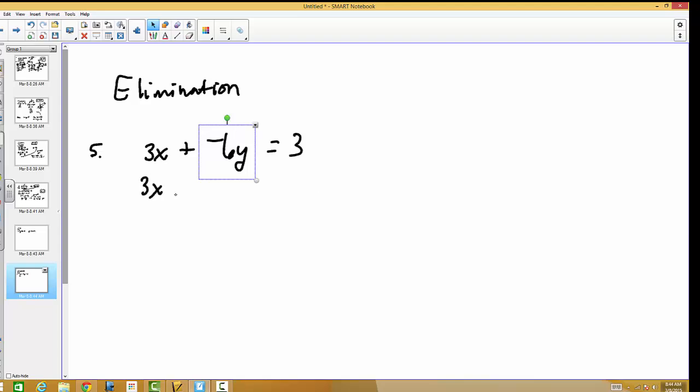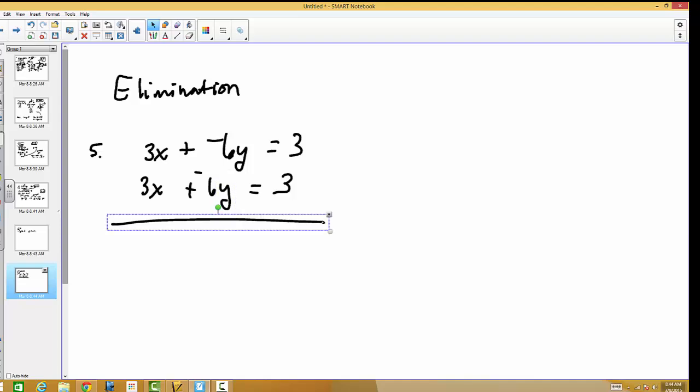And 3x minus 6y equals 3. Alright, I'm going to make the second one plus a negative 2. You can eliminate either letter because both letters have the same coefficient through subtracting. In fact, when you subtract, you end up with 0 because both of the letters cancel, equals 0.